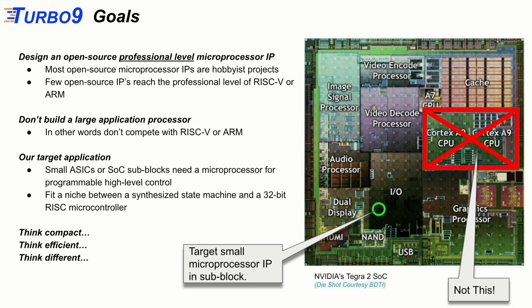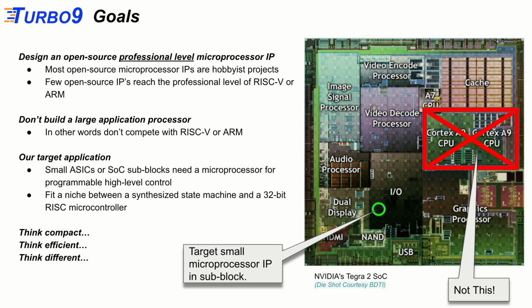So what are the goals for this project? We're trying to design an open source professional level microprocessor IP. Most of the open source microprocessor IPs that you see out there on OpenCores are hobbyist projects. There are a few that really reach that professional level, like RISC-V or ARM. But we're not trying to build a RISC-V or ARM.